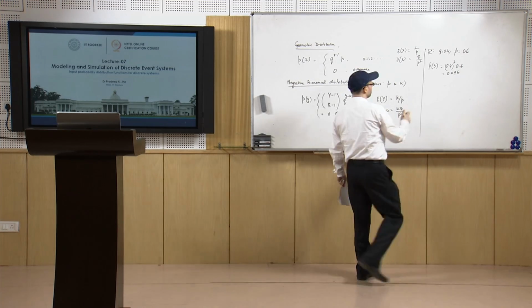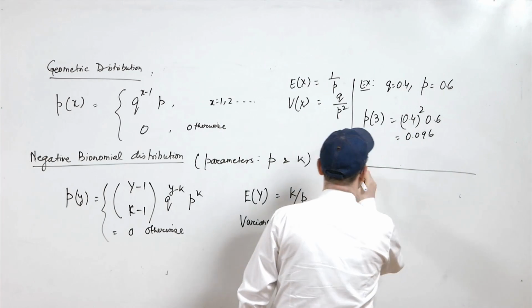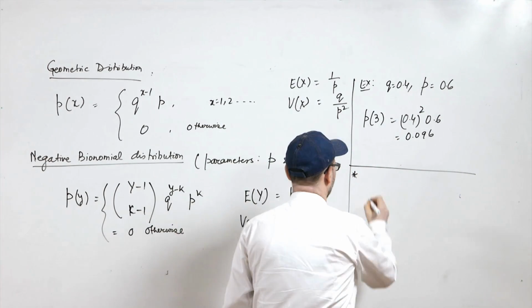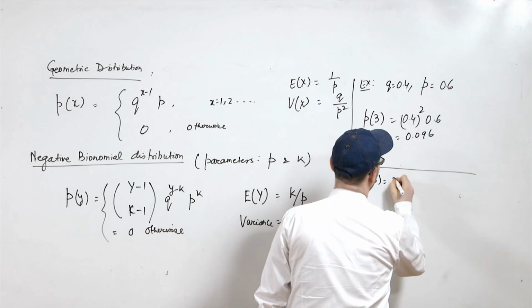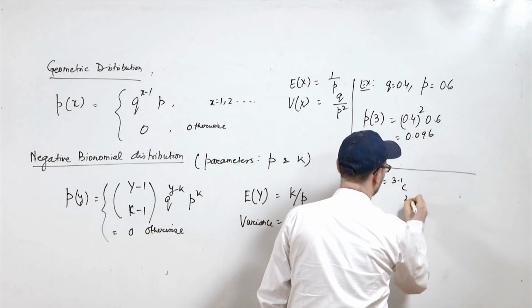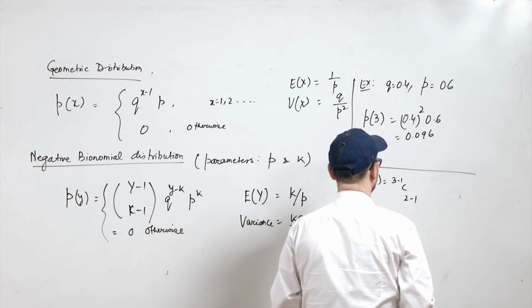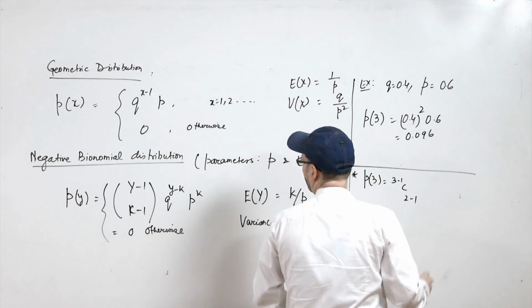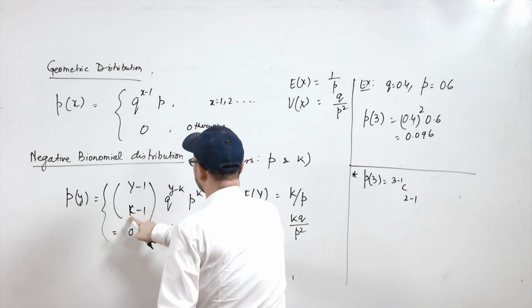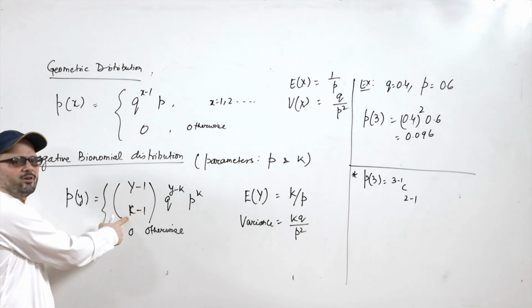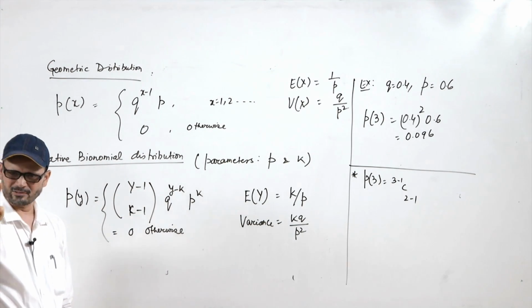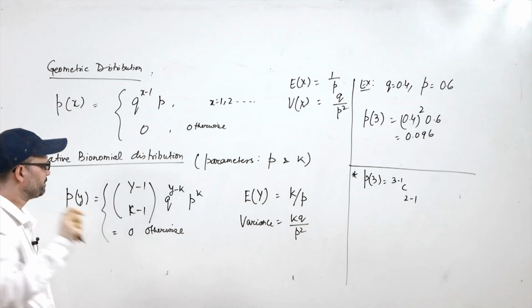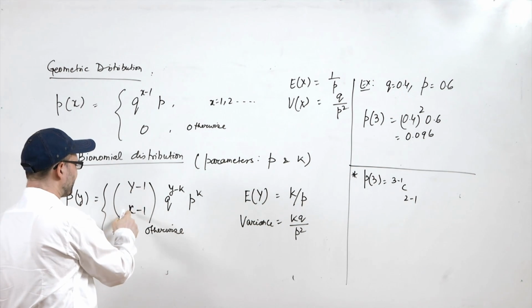So, in such a case you have P of 3 again. It will be 3 minus 1 C 2 minus 1, because you want the kth success, where k is the number of successes. You have to get the second printer which should be acceptable. So, y will be 3 and k will be 2.